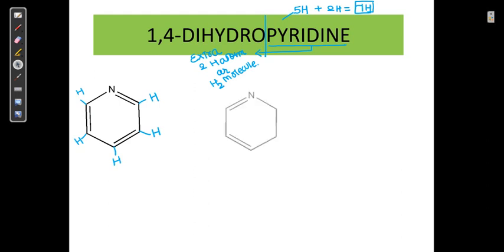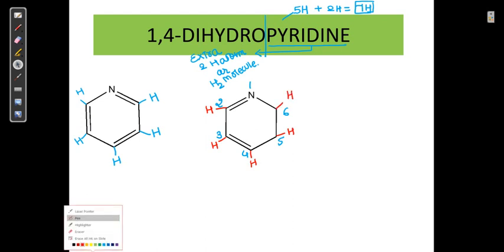If we give the numbering here, it is 1, 2, 3, 4, 5 and 6. If you find the hydrogens present here, 1 is here, 2, 3, 4, 5. These are the normal hydrogens present in a pyridine derivative.